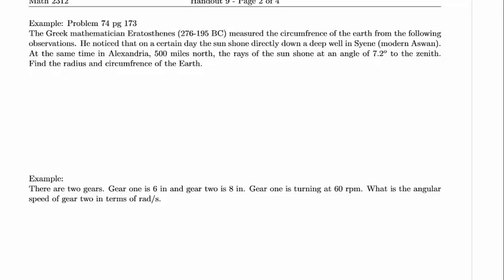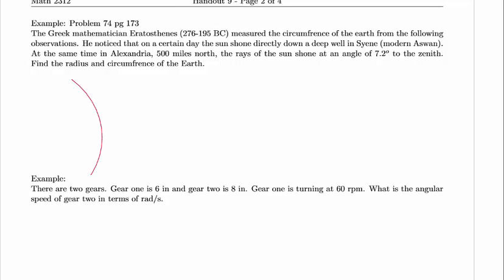So basically, certain time of day, you could look down and see the reflection of the sun perfectly. And at the same time of day in Alexandria, which is 500 miles north, just in a straight line north, if it was east or west, this wouldn't be valid, the rays of the sun shone at an angle of 7.2 degrees to the zenith. Find the radius and circumference of the earth.